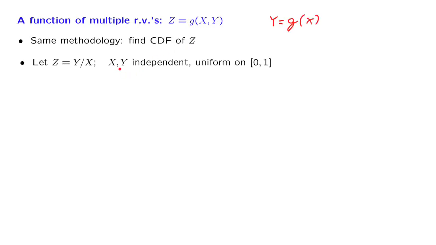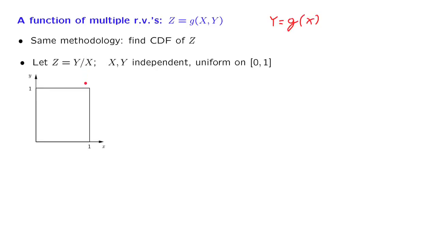So suppose that X and Y are independent random variables and each one of them is uniform on the unit interval. So their joint distribution is going to be a uniform PDF on the unit square. We are interested in the random variable Z, which is defined as the ratio of Y divided by X. So we will now calculate the CDF of Z and then differentiate.